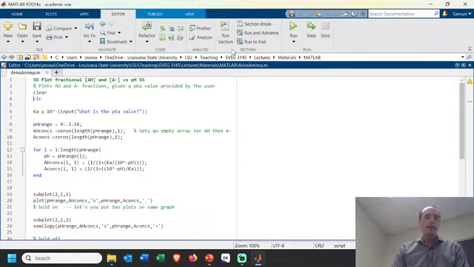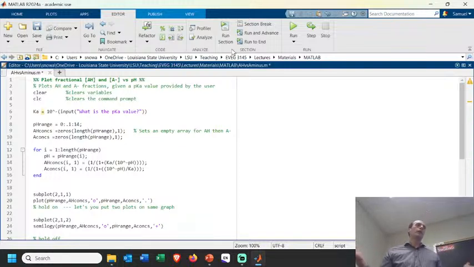I can put a comment here: clear clears variables, in case there were any left over, and clc clears the command prompt, in case we needed to. Usually these don't matter too much. Next up, we have the Ka. We're defining a Ka value based on what the user wants to put in, right?